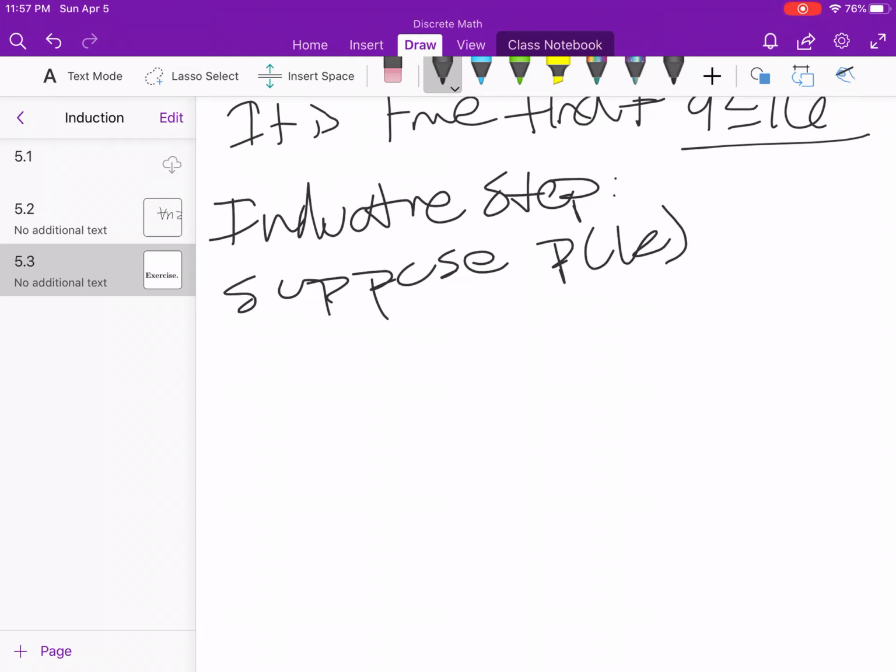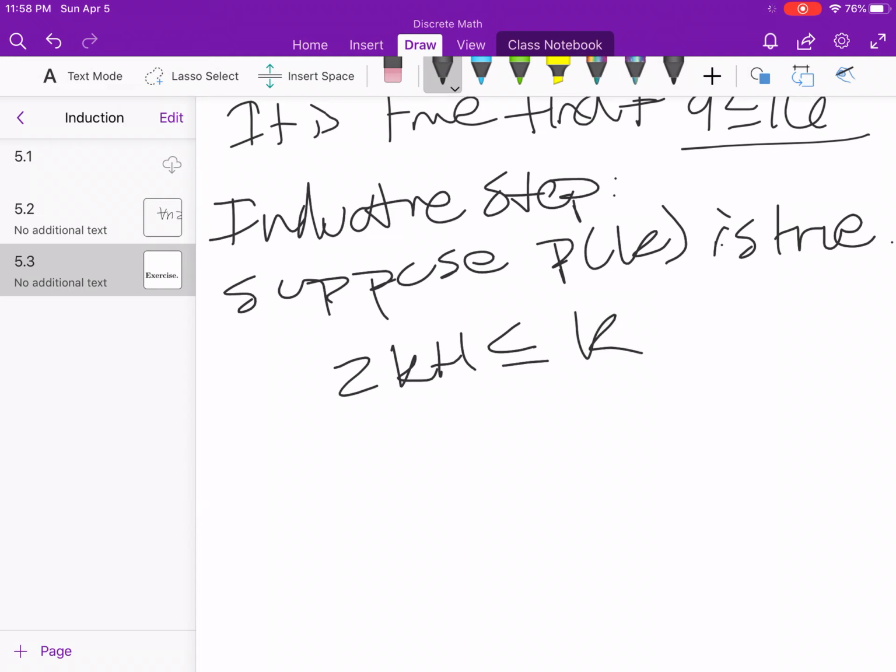Suppose P of k is true. Well, then it's true that 2k plus 1 is less than or equal to k squared.